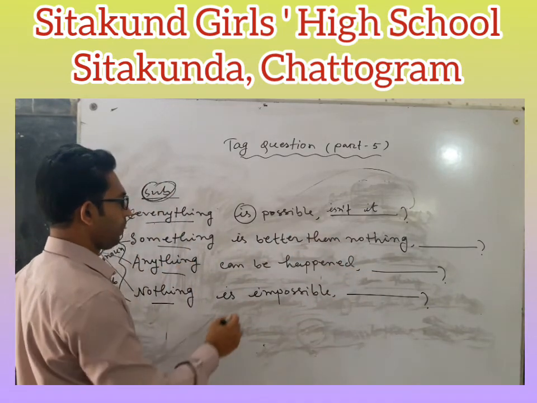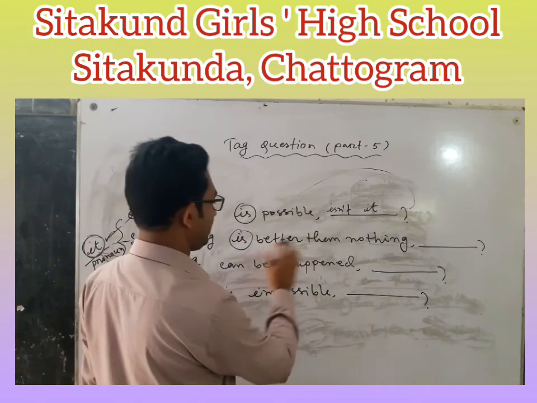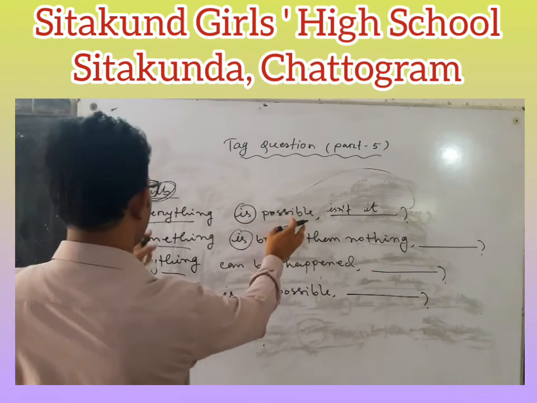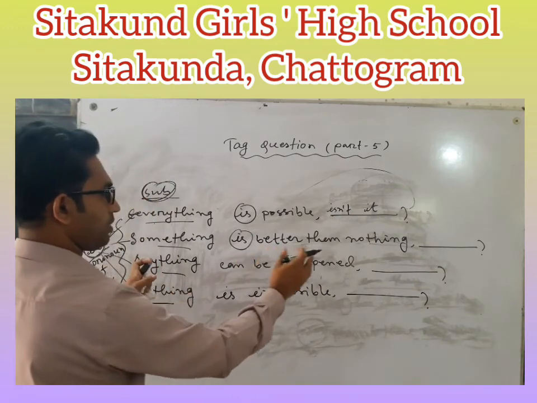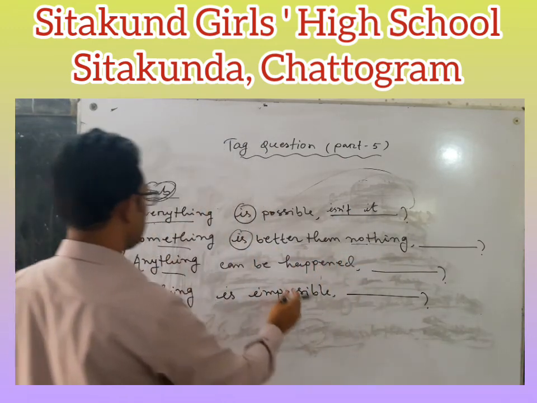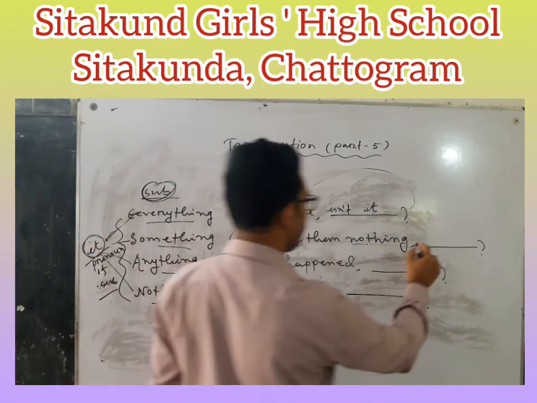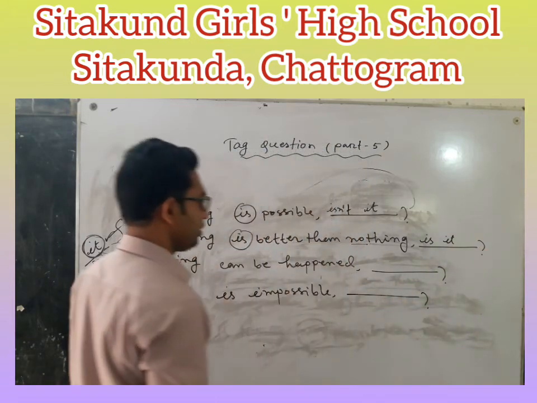Remember it. So you are looking at is for isn't, but you cannot write isn't because this statement is negative. Everything is possible is an affirmative statement, and the answer is negative. Something is better than nothing: nothing is a negative word, so this statement is negative and the answer will be affirmative. Is it? Is plus the pronoun of the subject, is it, is the right answer.